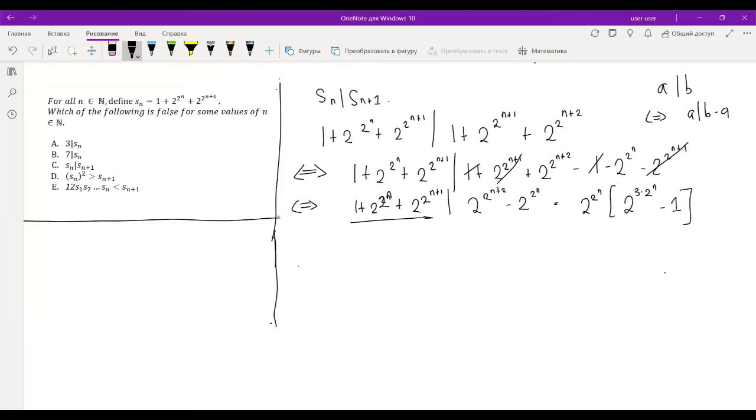Because this is an odd number, it can never share a factor with the power of 2, since the only factor of powers of 2 is 2, and 2 doesn't divide an odd number. So if this divisibility is true, it will also be true when we eliminate these powers of 2. So this will be equivalent to showing that this divisibility is also true.